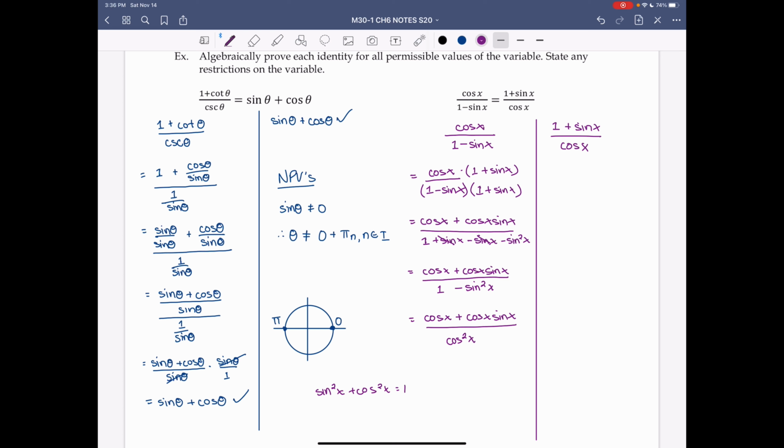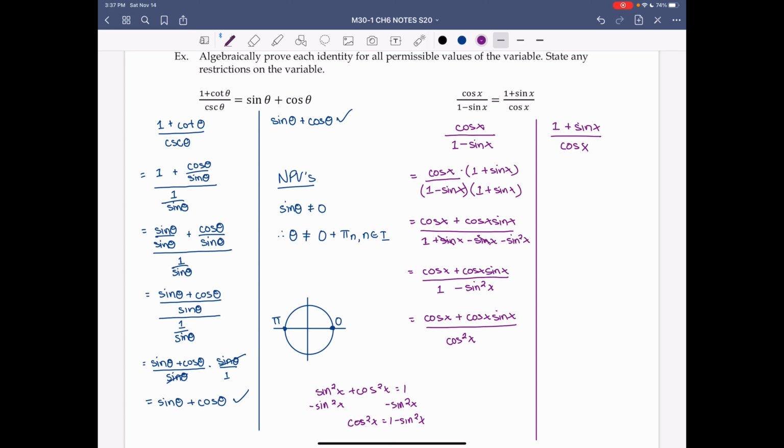If we subtract sine squared x from both sides, we get cos squared x equals 1 minus sine squared x. So we can replace 1 minus sine squared x with cos squared x.